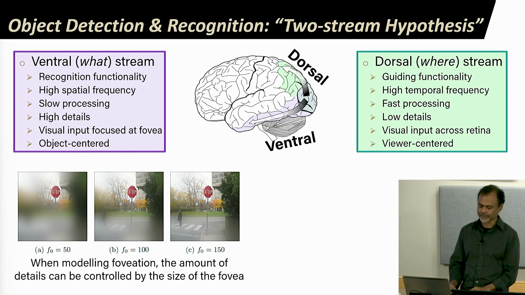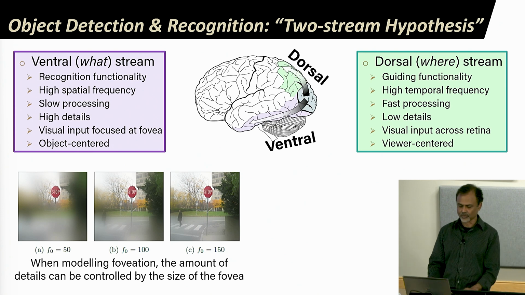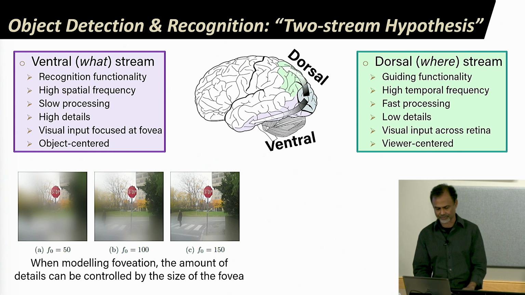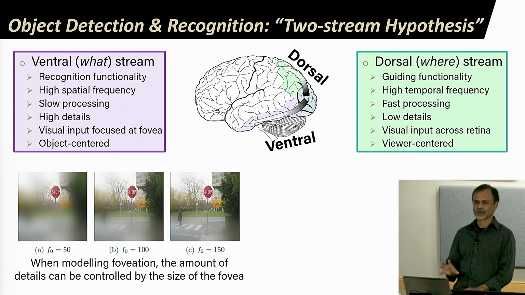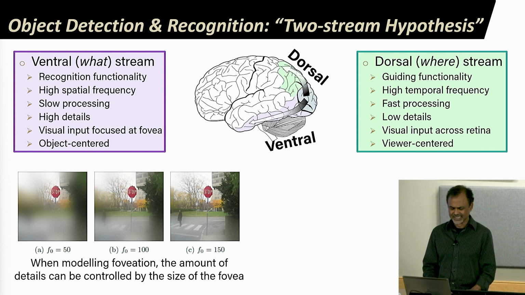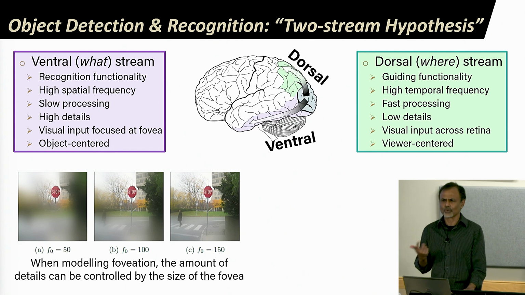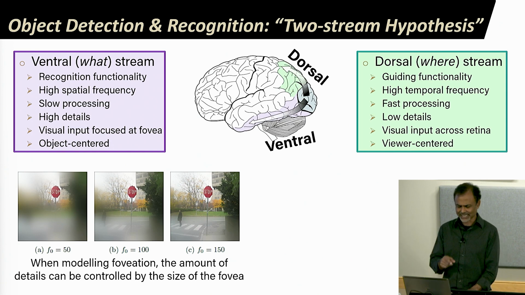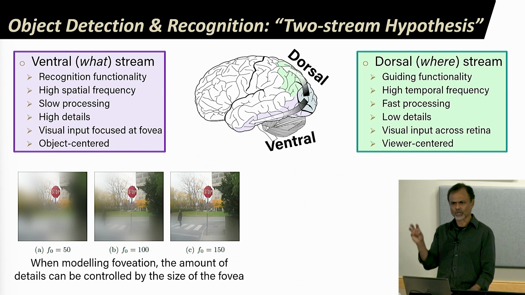So what I'm showing here is that when modeling foveation, the amount of detail can be controlled. As an example, when you look at a stop sign, depending on my foveated region or the glimpse that I have, the areas around it I'm showing blurred. Effectively, it's kind of like changing the focal length. We can't change the focal length of the eye much, but anyway, I can focus on a particular area of this scene.